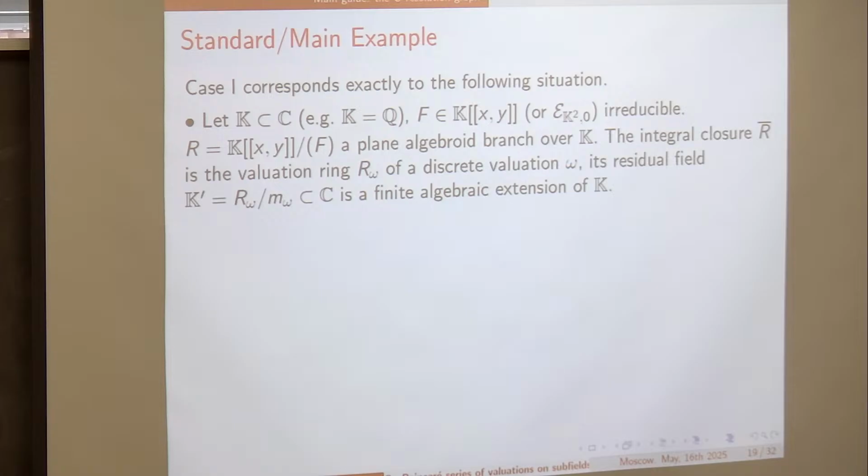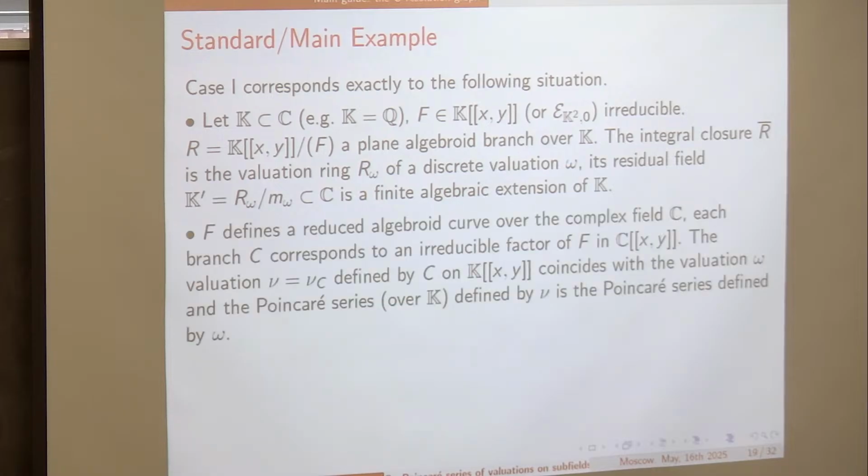Okay, so now we take this F, this equation. This equation defines a reduced algebraic curve over the complex field C. That means this is reduced. So each branch of this F, that means each irreducible analytic factor over C, defines a valuation as I defined in the beginning.